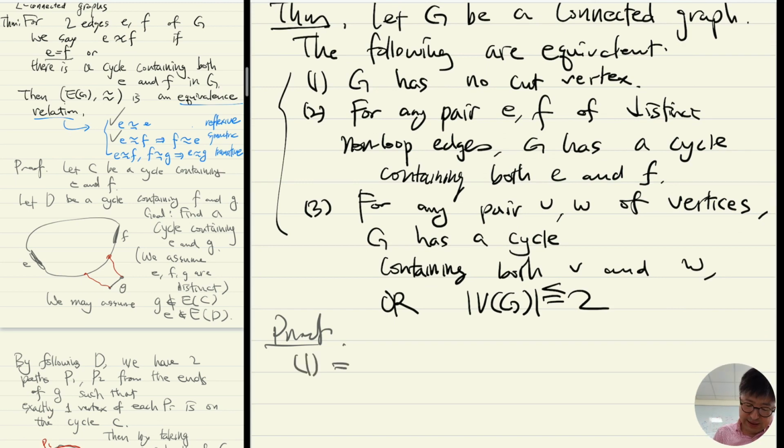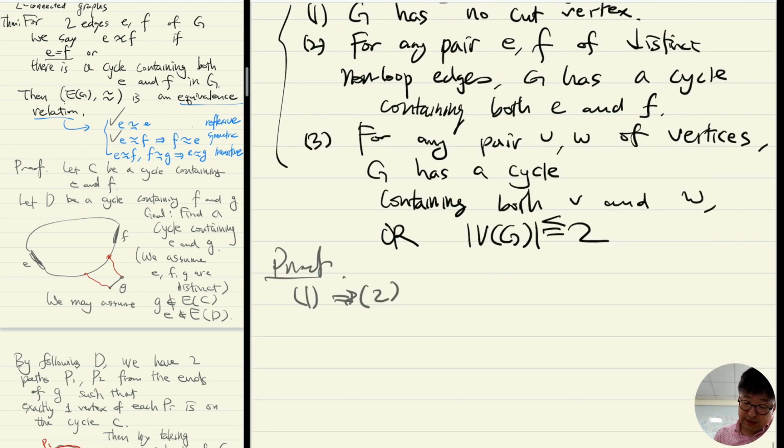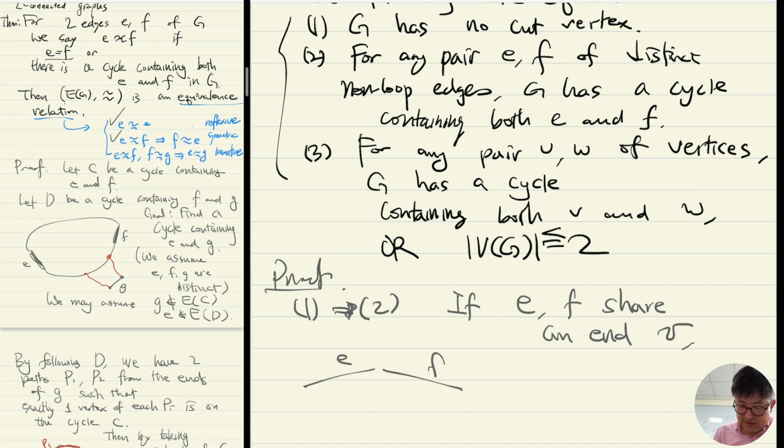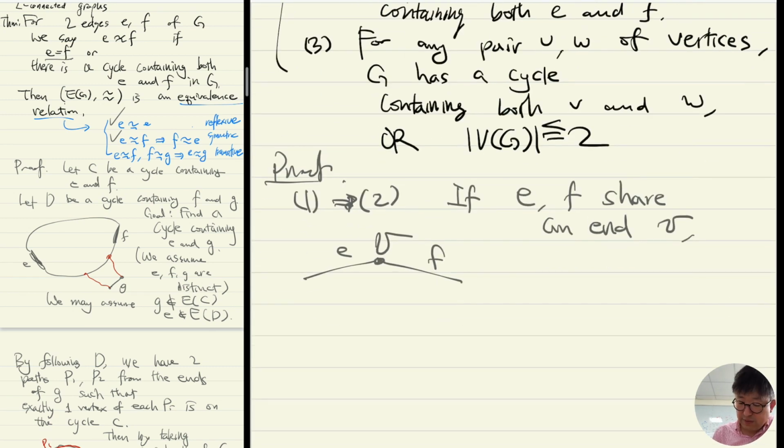Okay, so let's see why 1 implies 2. That's where we use transitivity of these relations. Suppose E and F share an end V, so E is here, F is here, sharing vertex V. This is the first case. What happens if I delete V? Then G delete V is connected.